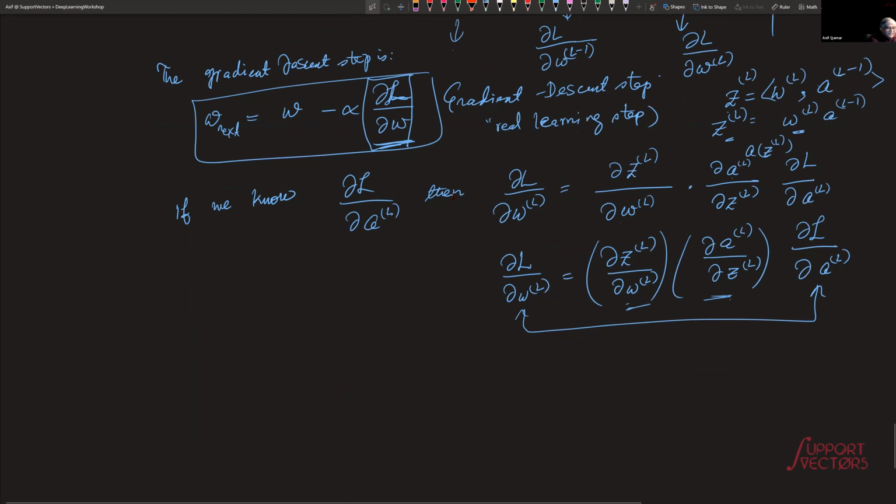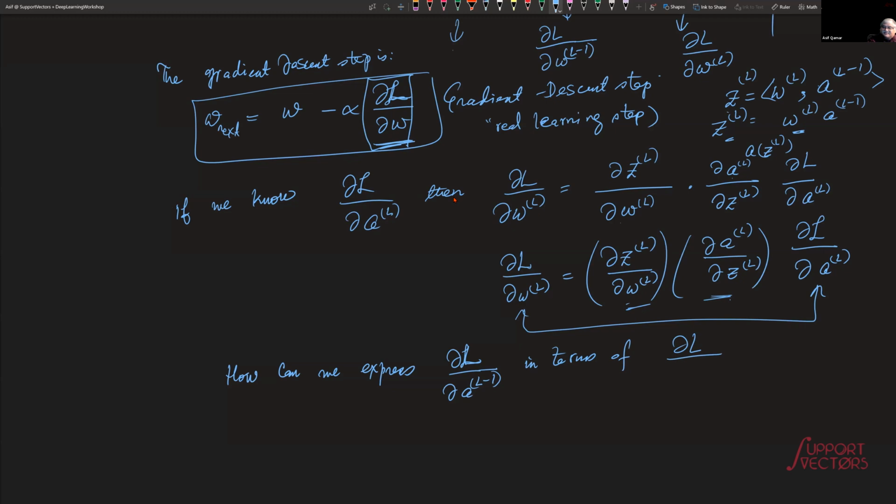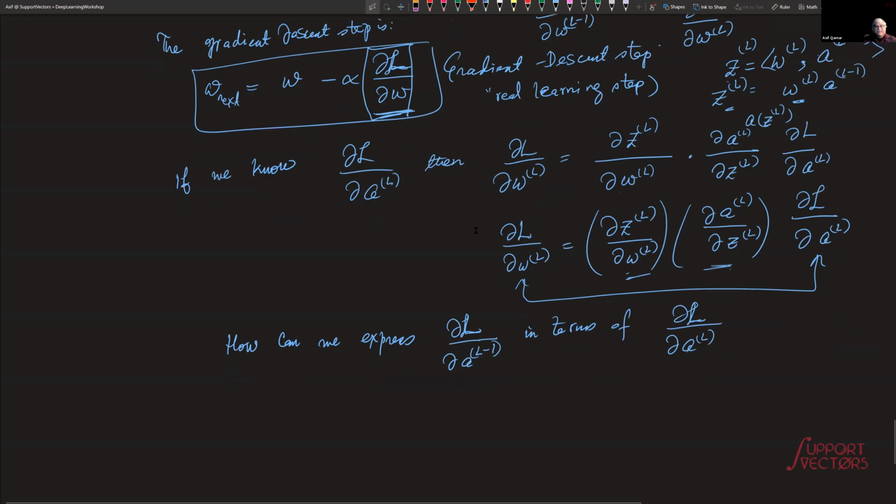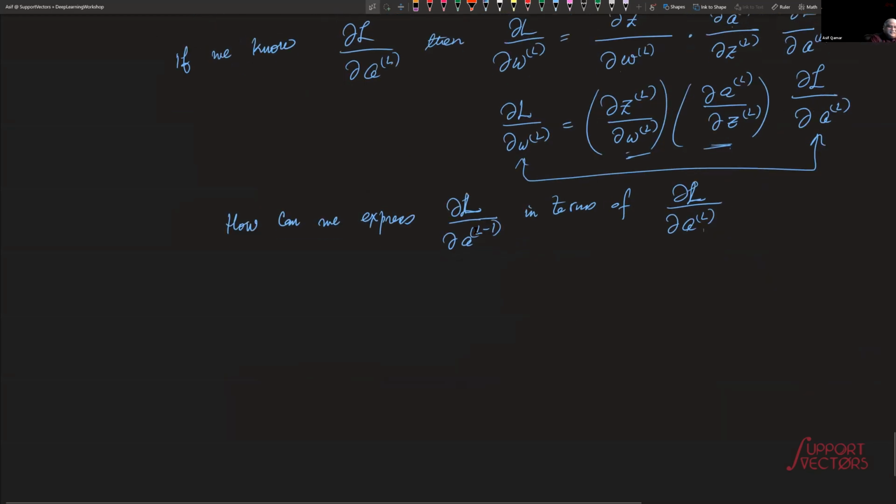So let's again write it. We want this. How can we express the gradient of the loss with respect to the activation in one layer before, in terms of the gradient of the loss with respect to the activation in the layer ahead of it? So let's work through the mathematics here. Once again, we reason from here and move to this.